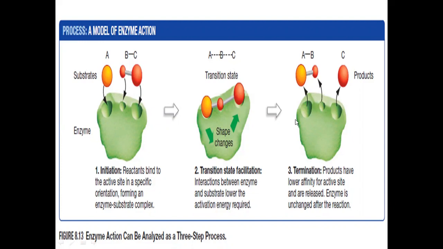So here the binding ends and the enzyme is going to return to its original conformation. Remember there was a change in shape, a conformational change. During the termination phase, it is going to reshape to go back to its original shape.